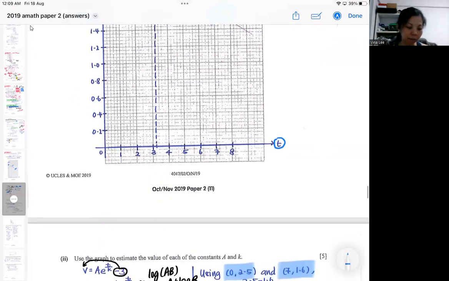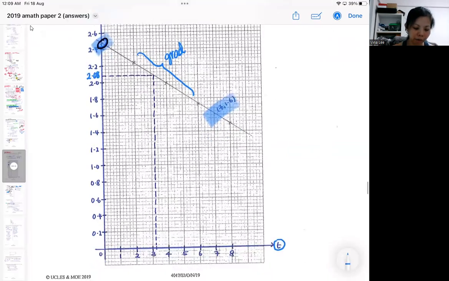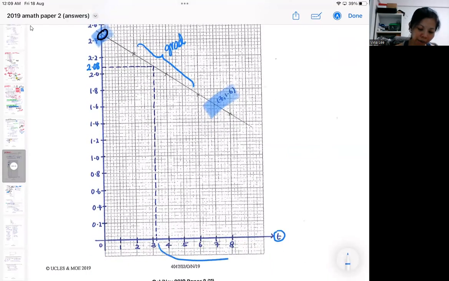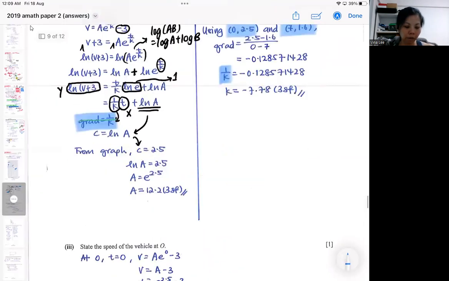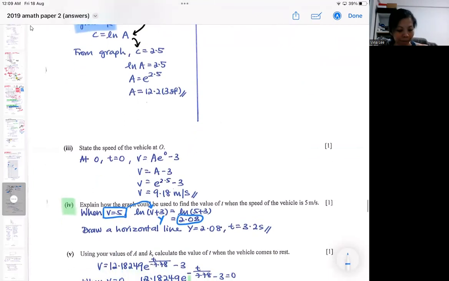So essentially it'll be something like this here. So that is 2.08. And if you read down, this will be the timing. You can just mention that you add a horizontal line and the intersection will give you the time, or you can just read and give it to them.